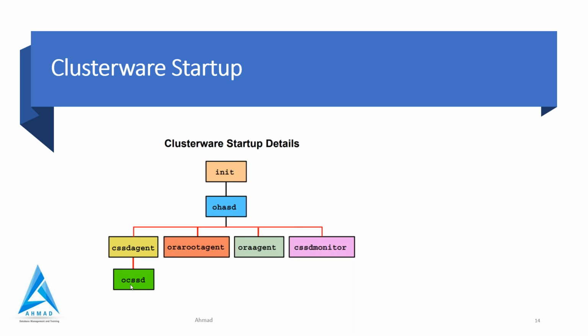OHASD will start four processes, that is CSSD agent, CSSD monitor, Oracle root agent, Oracle agent, and the CSSD agent also starts OCSSD, which accesses or finds the voting disk. Clear? This is the way you can answer.